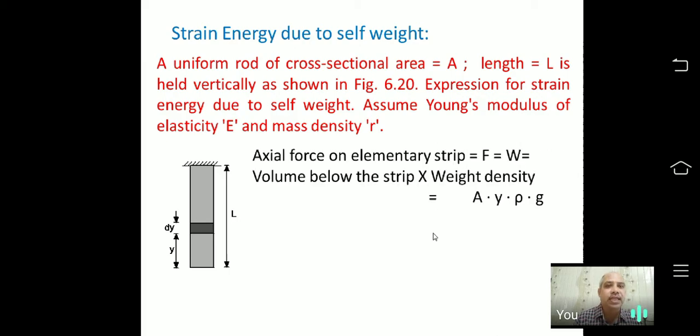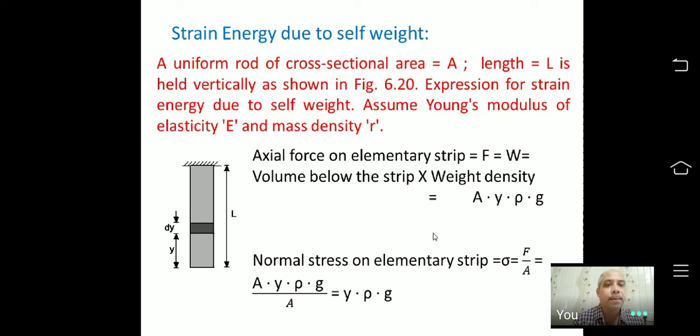You can see the axial force on an elementary strip is F equal to W. Volume below the strip X into weight density: volume below the strip is A into Y, and weight density is rho into G, where rho is mass density multiplied by G. Now normal stress sigma equal to F by A. F is A Y rho G, and dividing by A gives rho Y G.